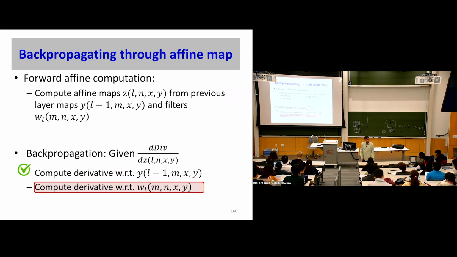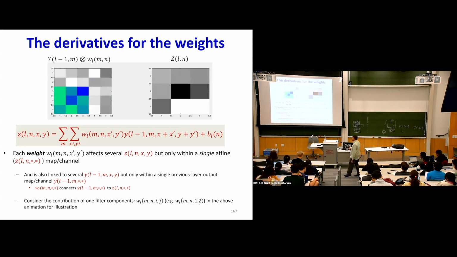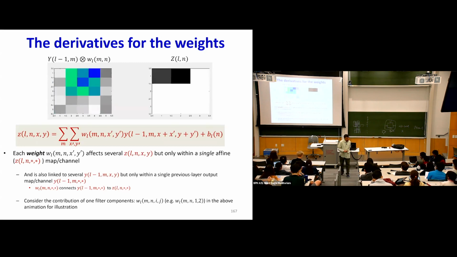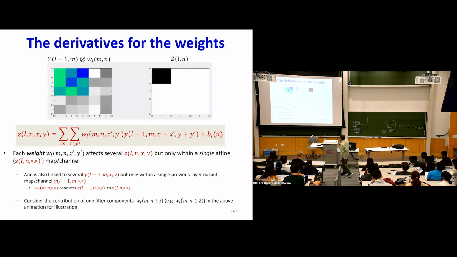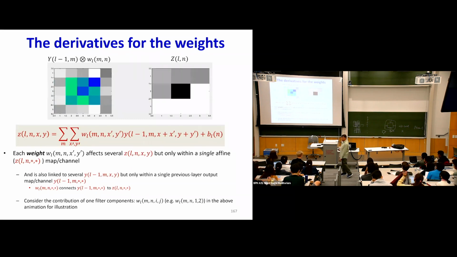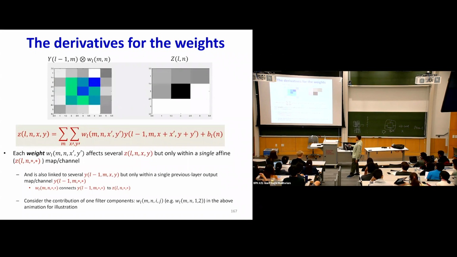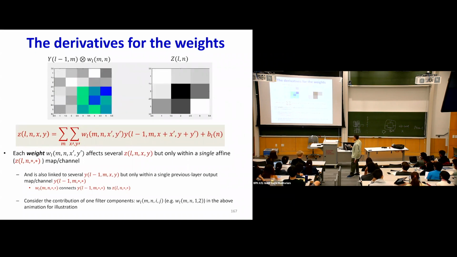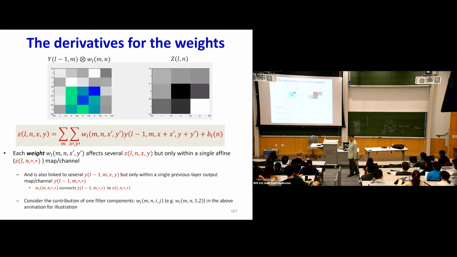That too is going to be a very similar operation. Now this is where the shared parameter business comes in here, right? So each weight affects several z values, right? So for example, look at the central dark blue thing. Now this color is bouncing back and forth because of MATLAB's craziness.